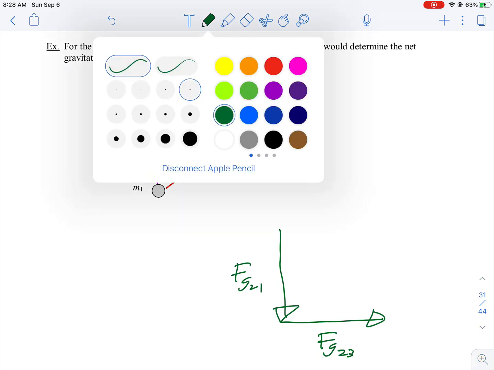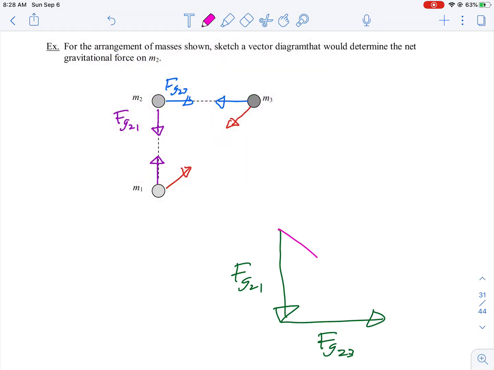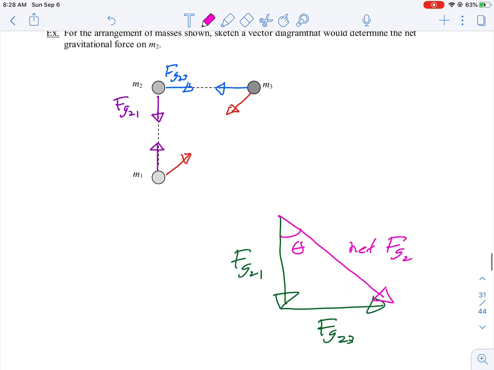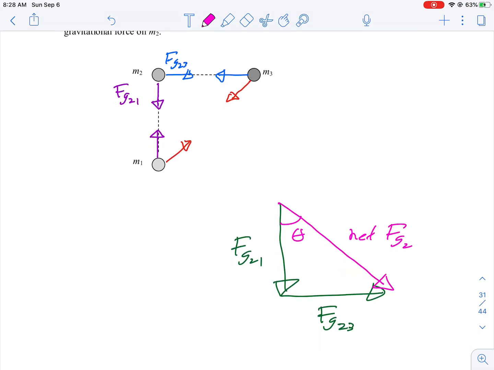Then the resultant goes from start to finish. That's your net force of gravity on 2. Angle goes at the beginning of the unknown vector. And there's your complete force diagram. And if you were actually solving this one, you would simply find these two forces and solve the triangle.